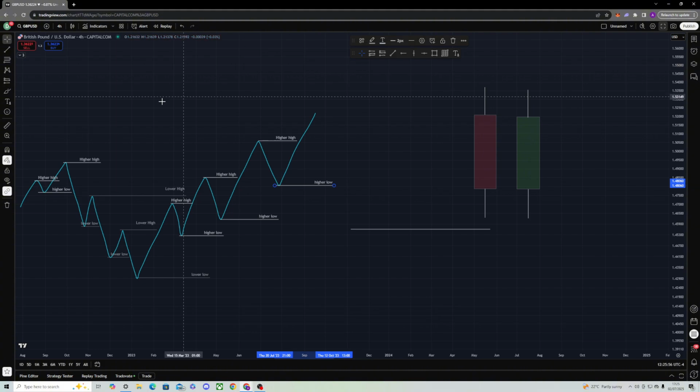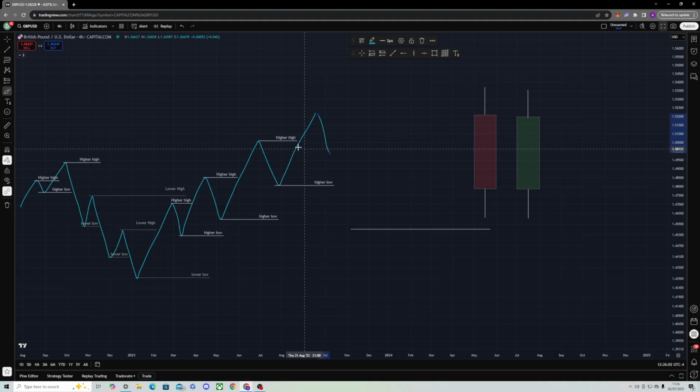Now, from this point price may come down to here, filling in this imbalance, a gap in price, which you'll learn about later.